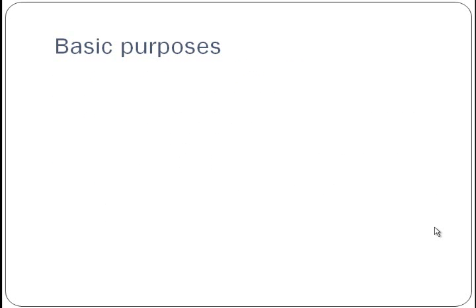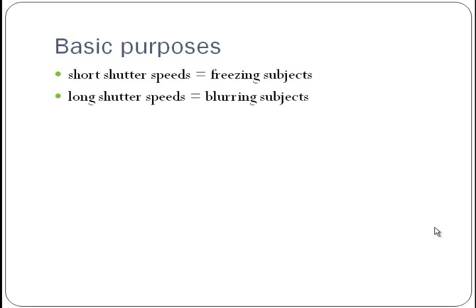Basic purposes of shutter speed. Short shutter speeds have freezing subjects, not freezing like cold, but like you stop them in action. So short shutter speeds, the ones that open and close real fast, freeze a subject or make a moving subject sharp. Long shutter speeds blur the subjects.